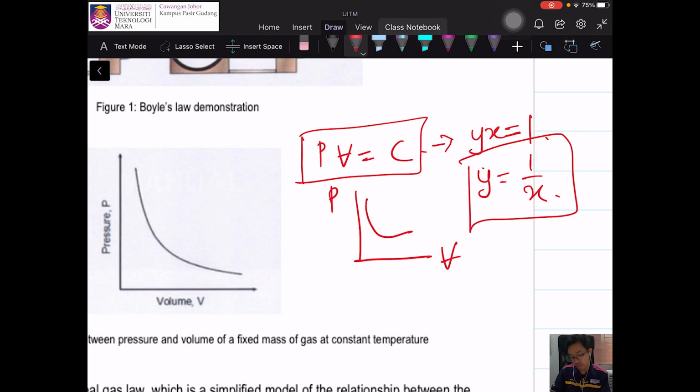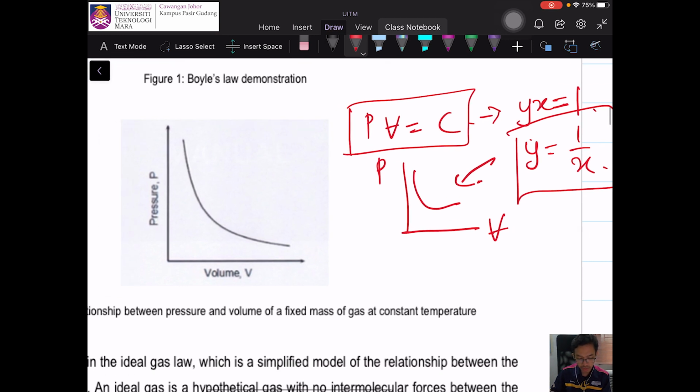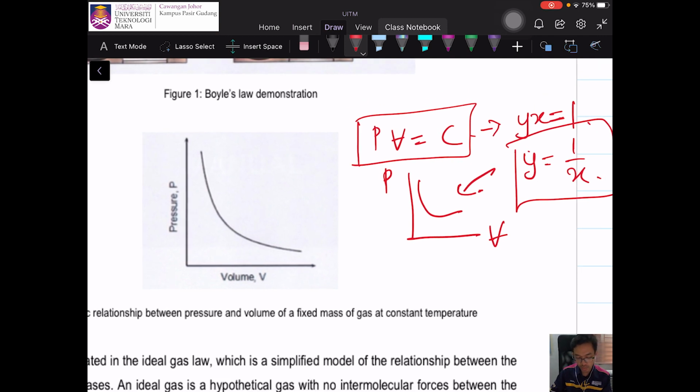If you review your mathematics books, you will get this kind of relation when you plot y versus x. So if you run your experiment, you will expect to have this kind of shape after you plot the data set between pressure and volume.